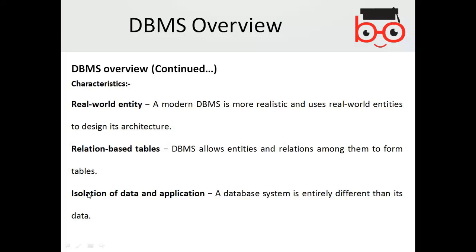It gives you isolation of data and application. A database system is entirely different from its data. It's important to note that if you have a database management system, then your data is kept entirely separate from the database management system software itself. There you won't get a mix-up of it.